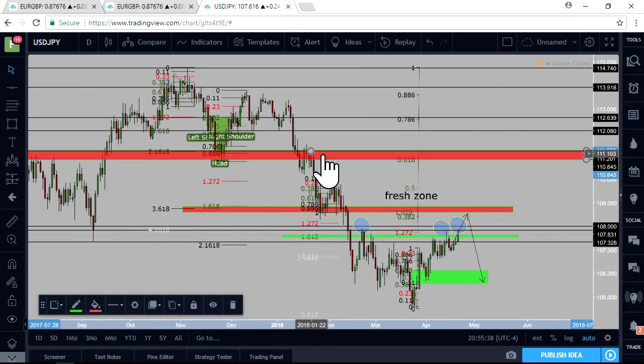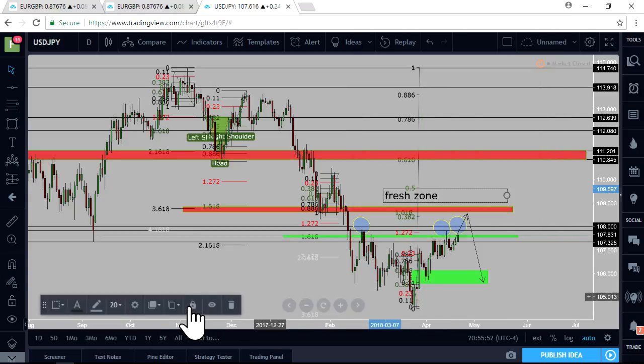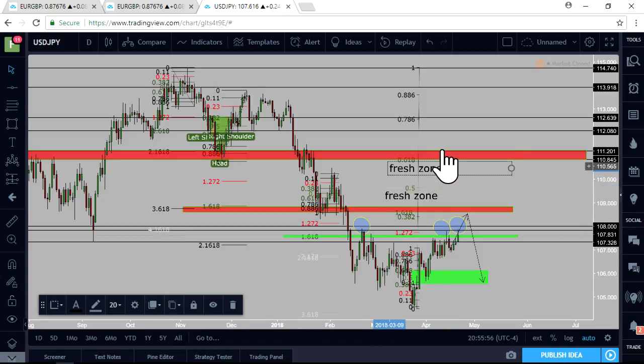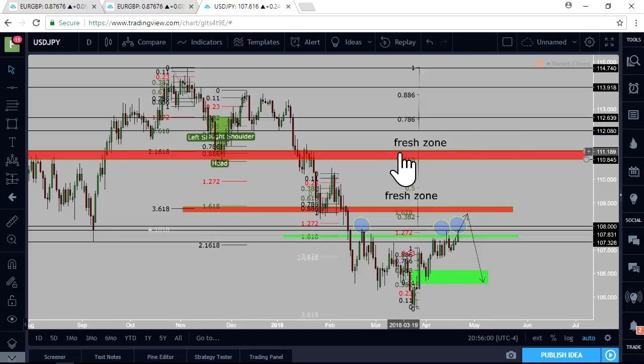This is also a supply zone right here. And this would be known as a fresh supply zone.